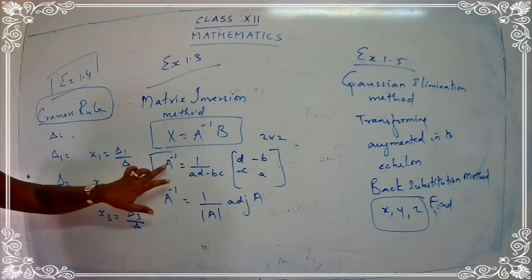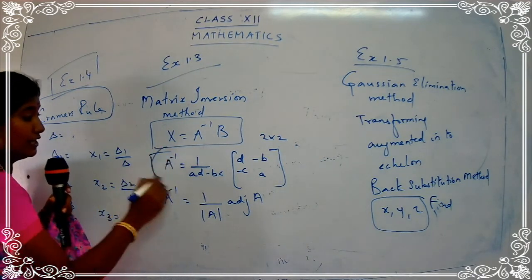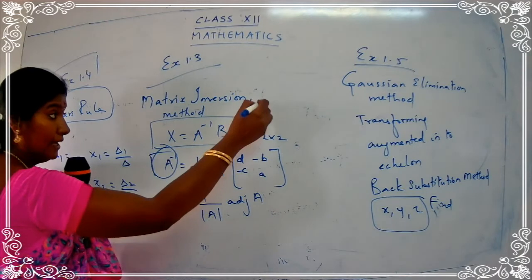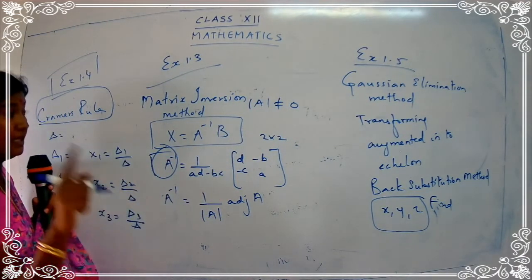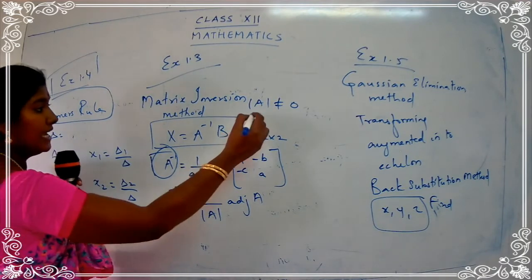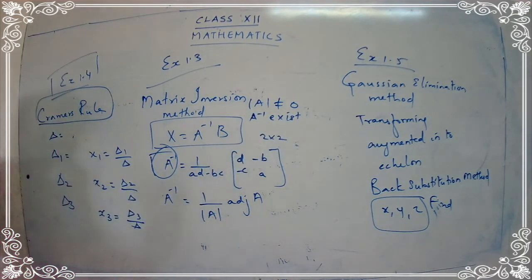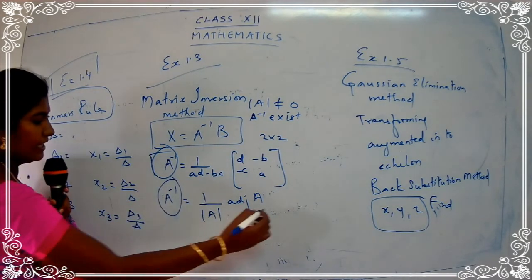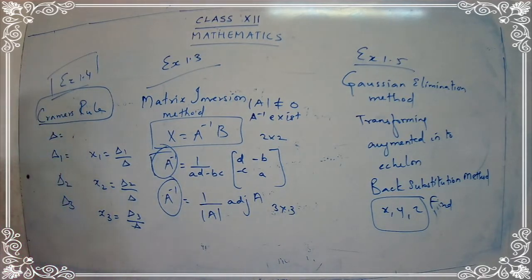So remember, whenever you have a sum based on inverse, first of all check that determinant A is not equal to 0. If the determinant is not equal to 0, we say that A inverse exists. These are the points that you have to remember. What is the formula for finding A inverse for a 3 by 3 matrix? 1 upon determinant A times adjoint A.